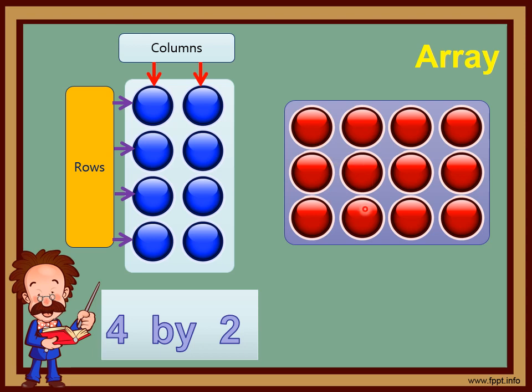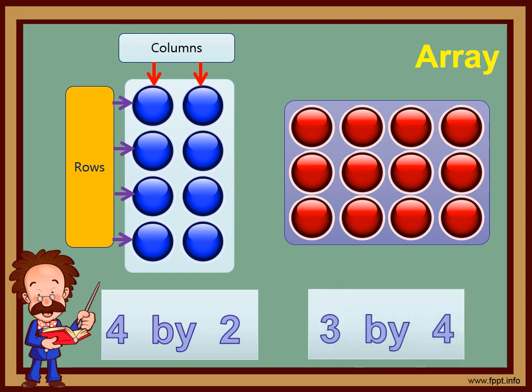One, two, three, four. So I have 3 rows and 4 columns. So this array is of type 3 by 4, 3 rows by 4 columns. Okay? This is what you took before.